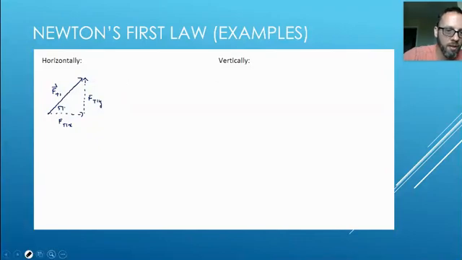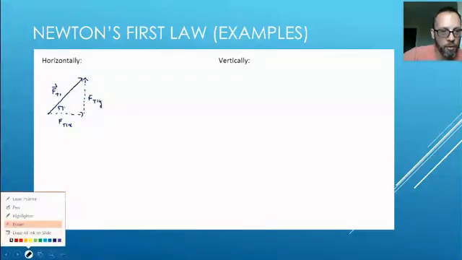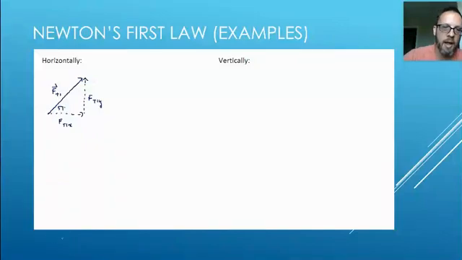And again, we've done lots of these examples, so I feel like we can move the tiniest bit faster through these. So Ft1x is going to be 18 newtons, the size of Ft1, times the cosine of 57 degrees because it's adjacent, and Ft1y, I keep putting the t there.